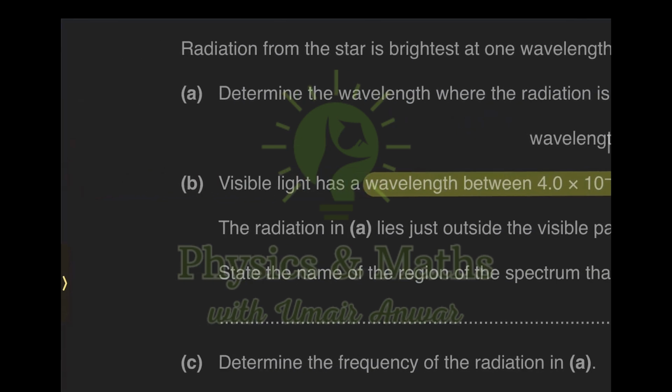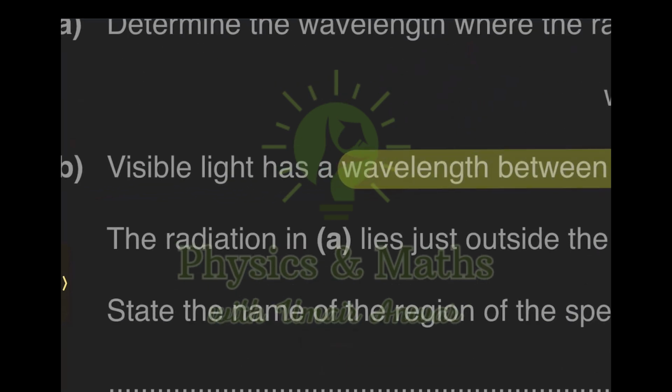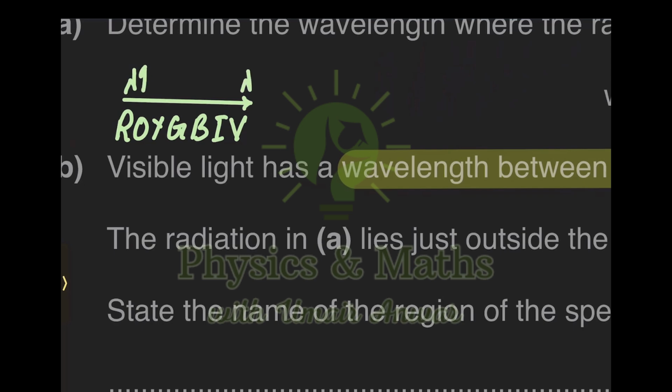Now remember, visible light always consists of 7 different colors, which is ROYGBIV: red, orange, yellow, green, blue, indigo, violet. And this is the sequence of colors when the wavelength is gradually decreasing as we go from left to right. So the largest wavelength is of red color and the smallest wavelength is of violet color.